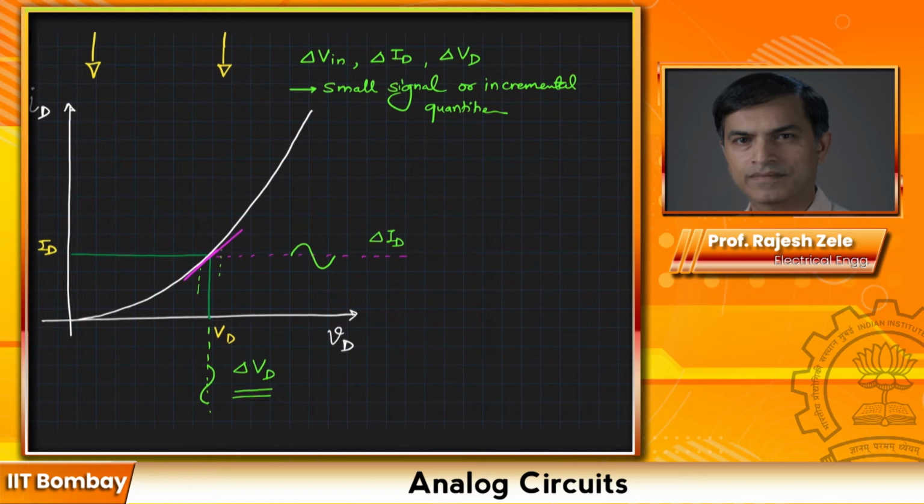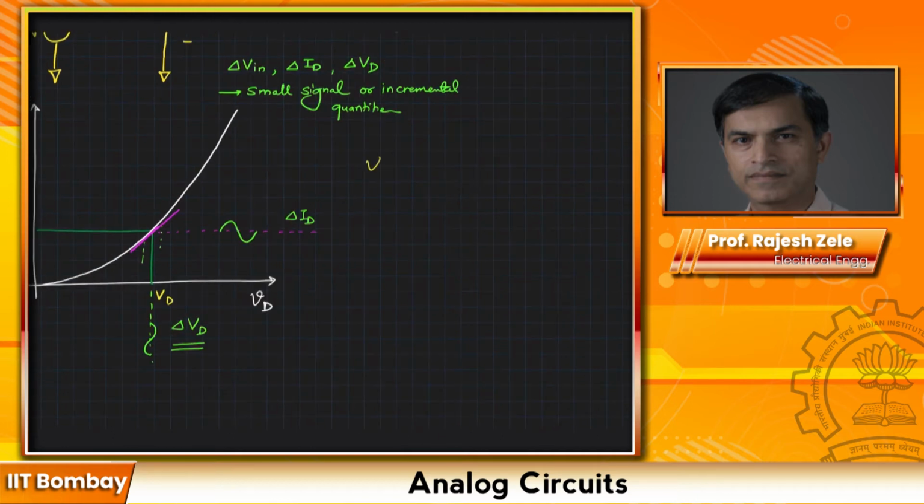This is all in a graphical format that I'm showing you for the small signal analysis, but let's do the actual equation and it will be clear to you. VD is equal to capital VD, which is the DC part, plus delta VD, and ID is equal to capital ID plus delta ID.